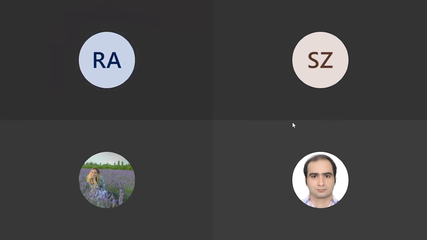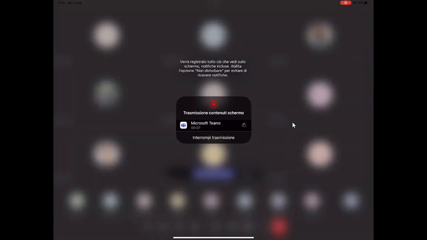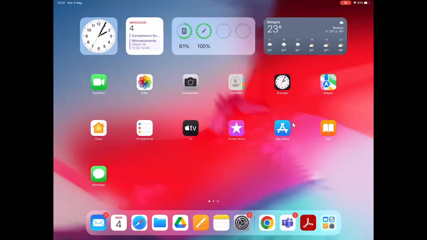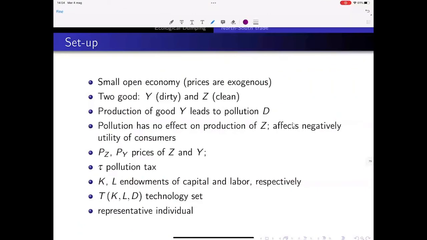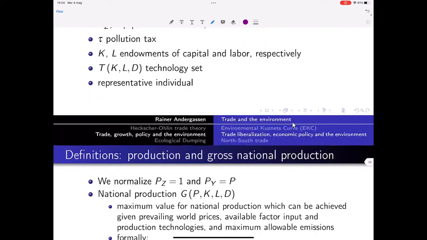Now this is going to be quite a technical lecture. On the one side, it's useful for those of you who have never seen economics from a formal point of view and perhaps are interested in doing some further studies in economics, so you get an idea about economic modeling from a formal point of view.